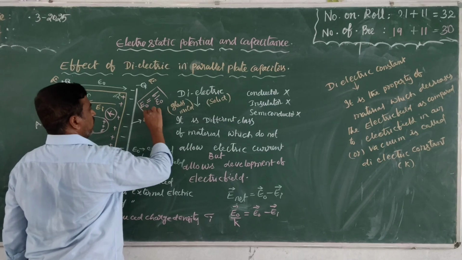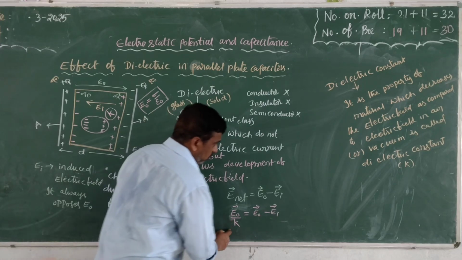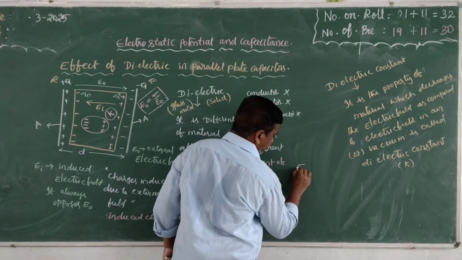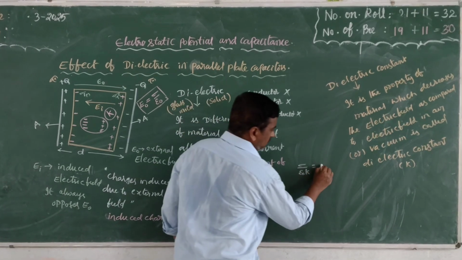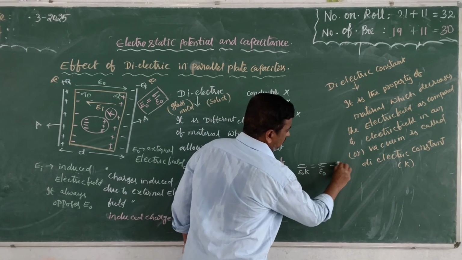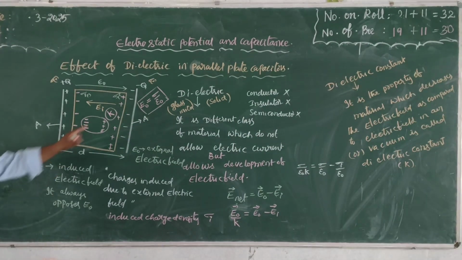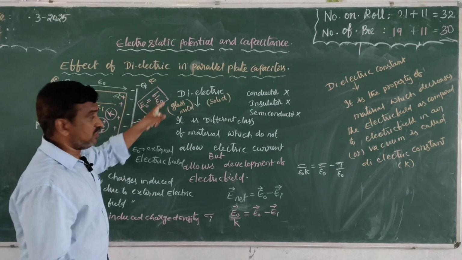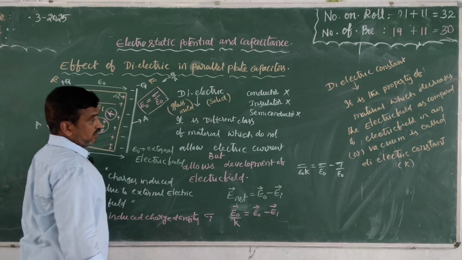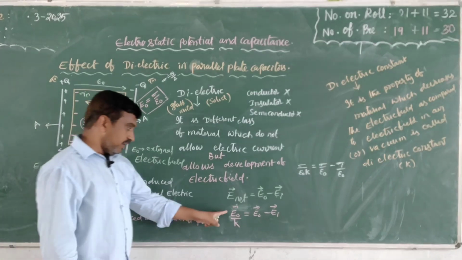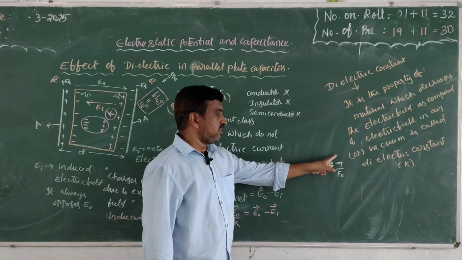Sigma means surface charge density, sigma equals Q by A, charge per unit area. So E naught by K means sigma by epsilon naught K, equal to sigma by epsilon naught minus sigma I by epsilon naught.